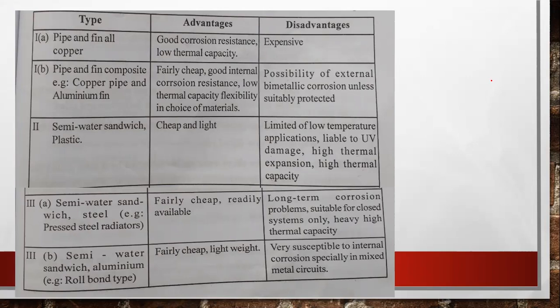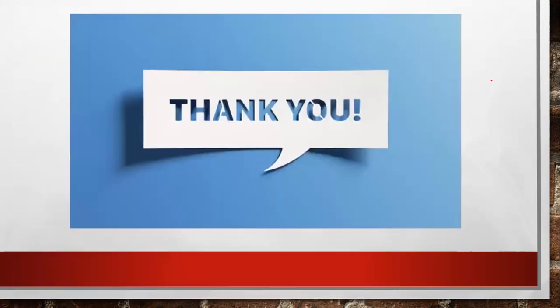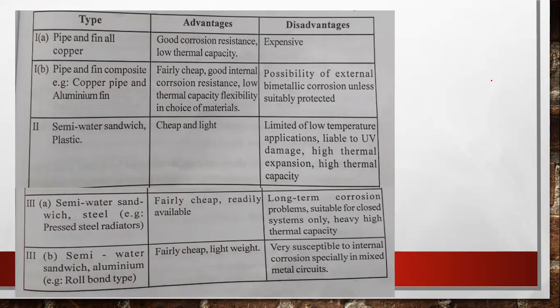The disadvantages are long-term corrosion problems, suitability only for closed systems, and it is heavy with high thermal capacity. Then the semi-water sandwich aluminum, a roll bond type, is fairly cheap and lightweight. This is the advantage, and the disadvantage is that it is very susceptible to corrosion in mixed metal circuits.